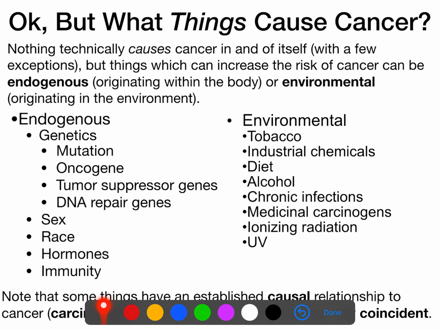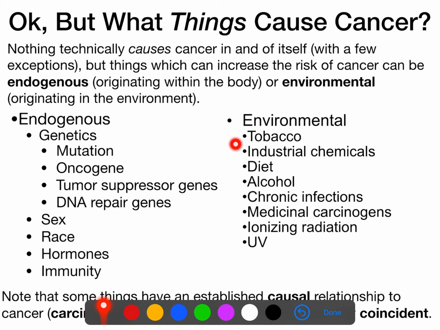Different people have different strengths to their immune system. Some people's immune systems, well, you can't really call it stronger or weaker, but some people's immune systems are just better at some things than others. And your immune system may be really good at dealing with cancers, or it may be really bad at dealing with cancers. Or it may be more complicated than that. It's usually more complicated than that. But you get the picture.